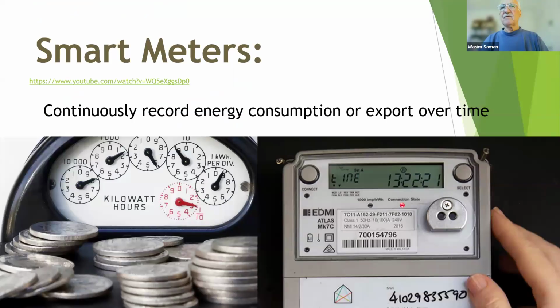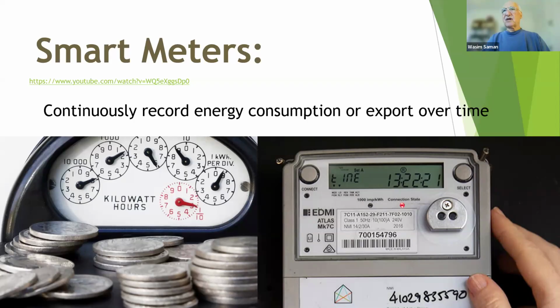Most of us now who have solar in our home have so-called smart meters, which are the ones on the right. Smart meters are smart because not only do they record how many units we're using, but when we're using them, as opposed to the old-fashioned mechanical meters on the left-hand side, which I don't think many of us have now.